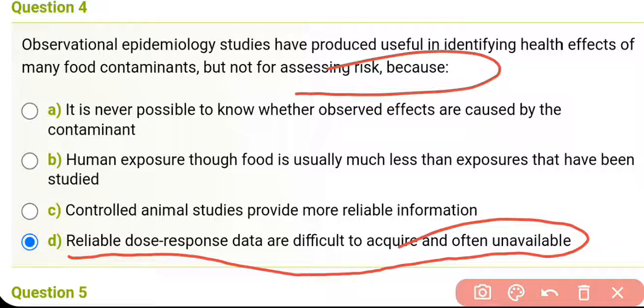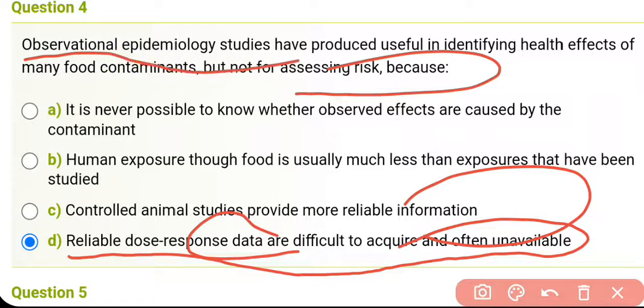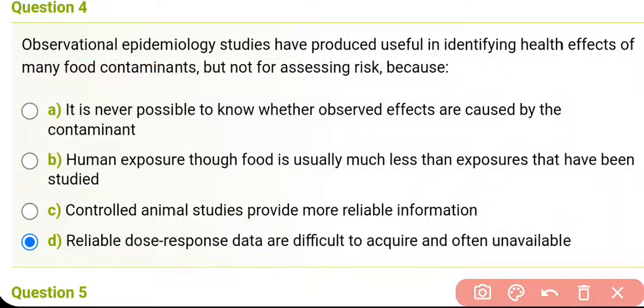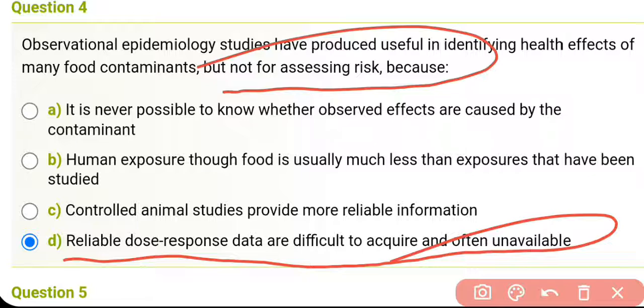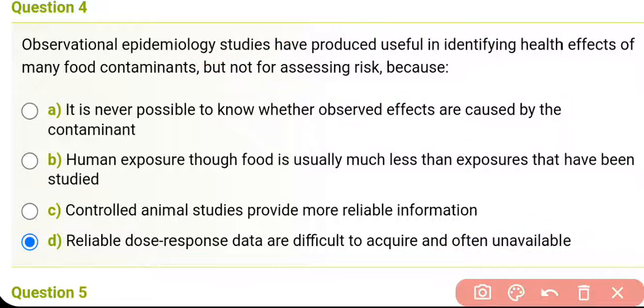We don't have proper dose response data, and it is not available properly. So observational epidemiology studies are useful in identifying health effects of many food contaminants, but not for assessing risk, because reliable dose response data are difficult to acquire and often unavailable.